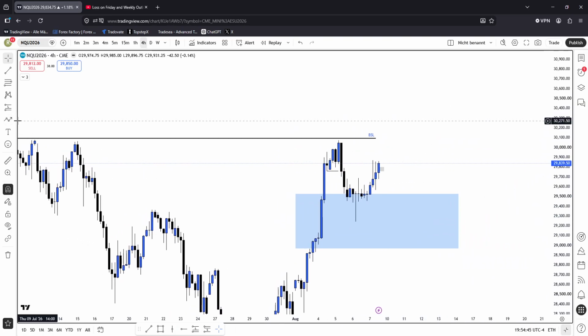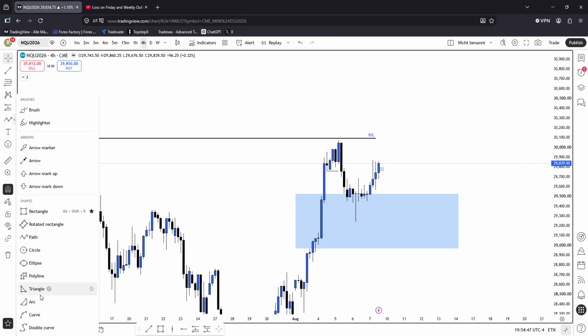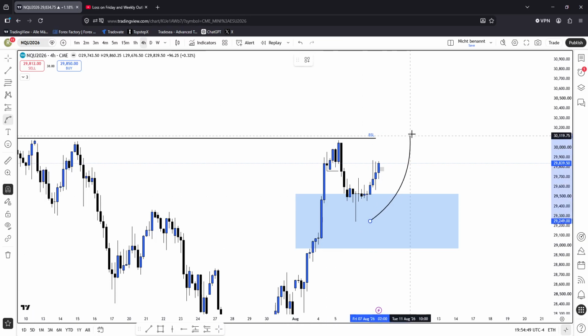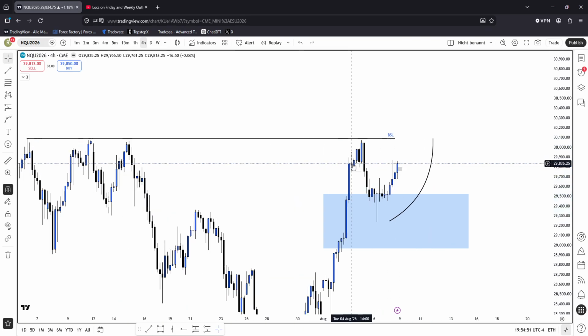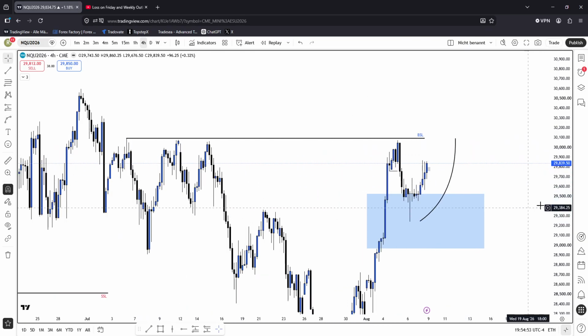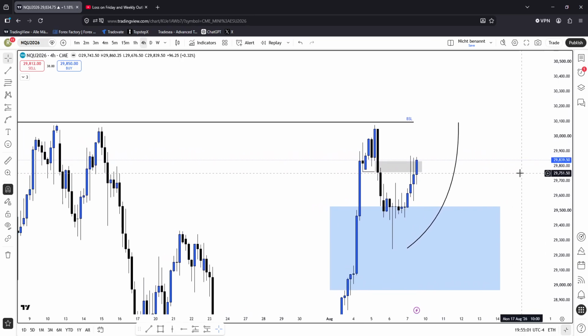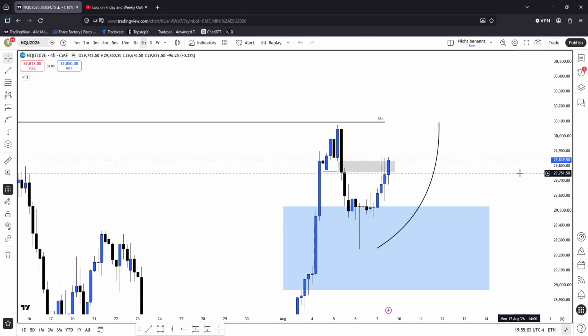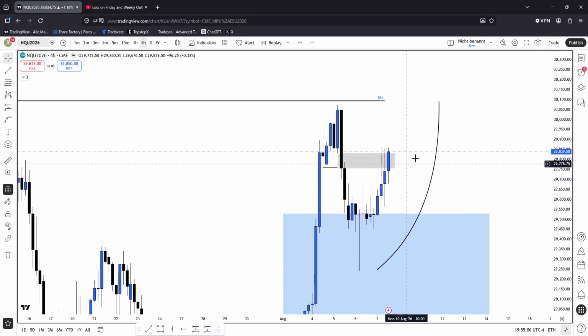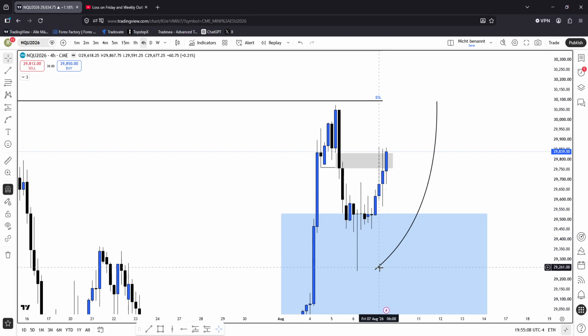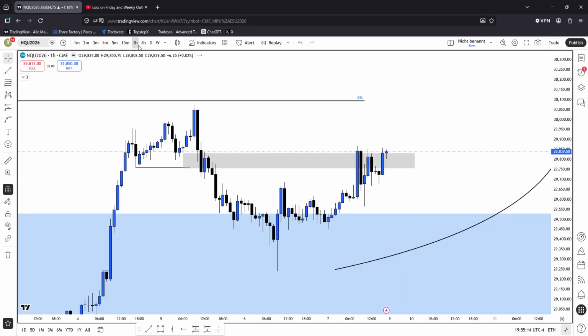It seems that we are targeting these highs here right now, and we technically also got our inversion of the higher time frame fair value gap, excuse me. And yeah, we got our tap here. Internal structure is obviously bullish.